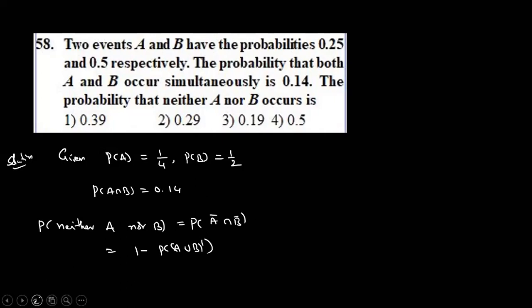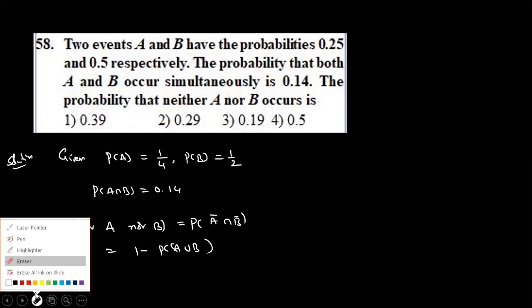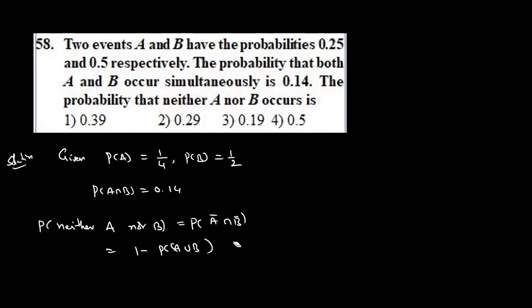That's all. De Morgan's formulas. 1 minus, what is the P of A union B formula? P of A plus P of B minus P of A intersection B. So put these values, that is the answer.